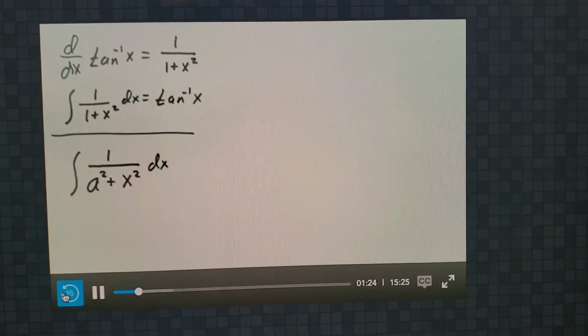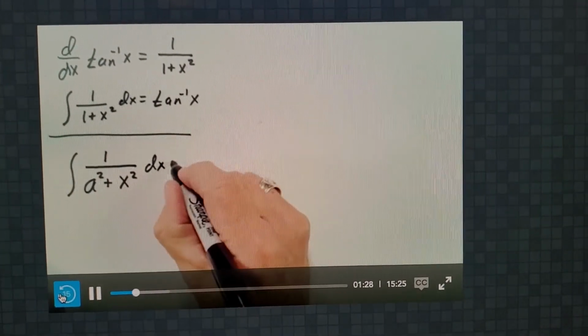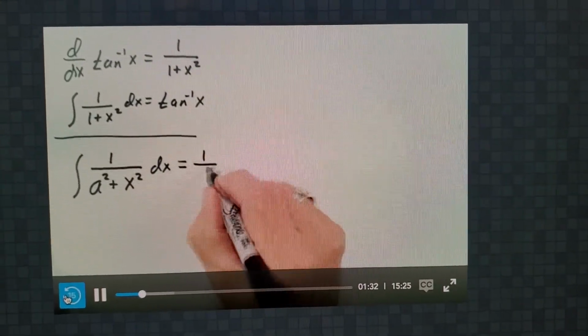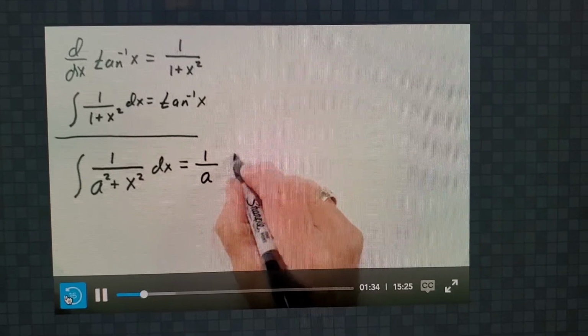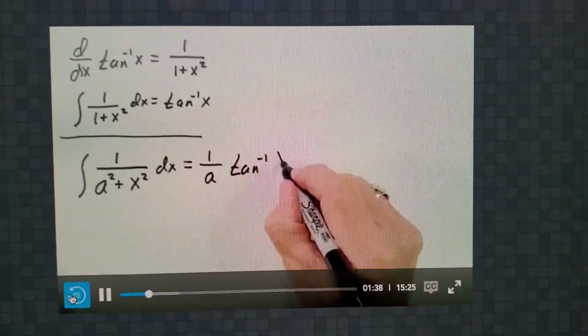So maybe a is 3 or a is 5 or whatever. We've never seen this situation before. It was always 1 plus x squared. Well, I claim that the answer is kind of strange. It's 1 over a times the inverse tangent of x over a.